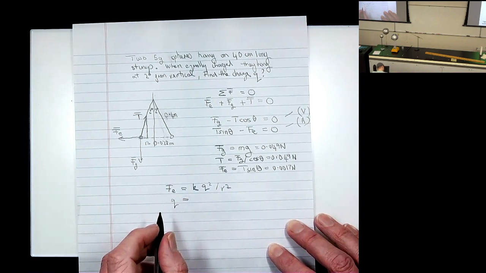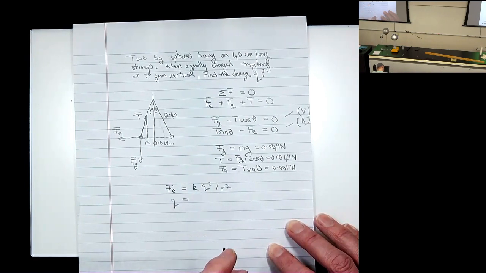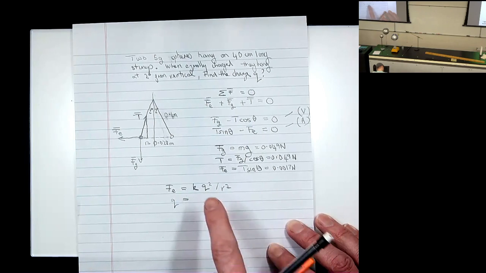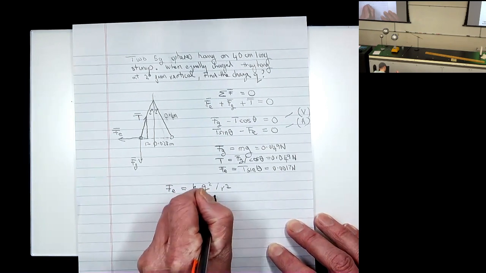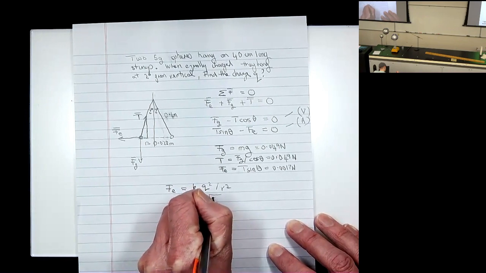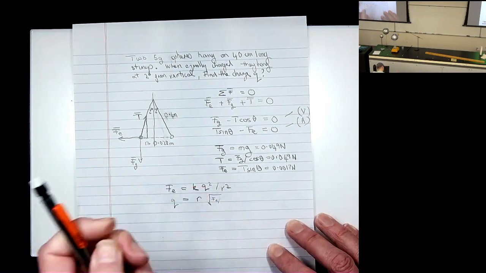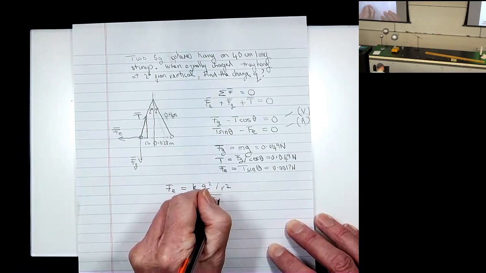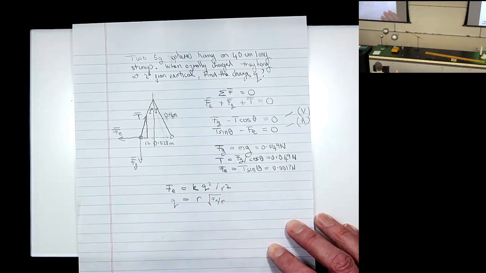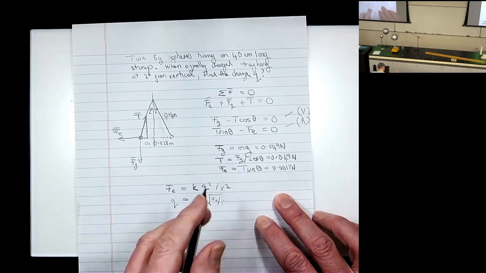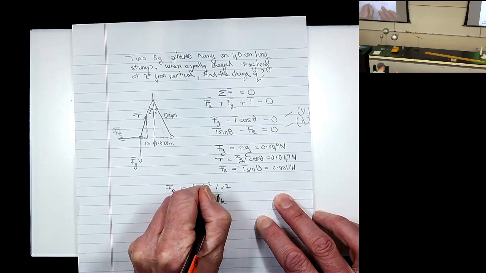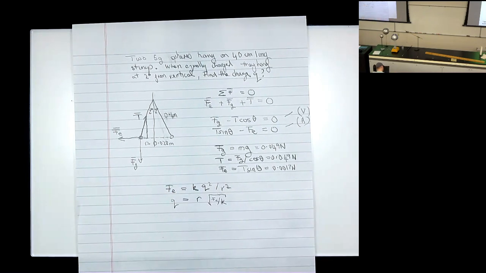That means I'm going to divide through by K. I'm going to multiply through by R squared. The end result of rearranging this is this little equation here.